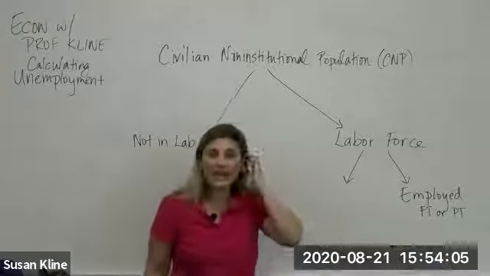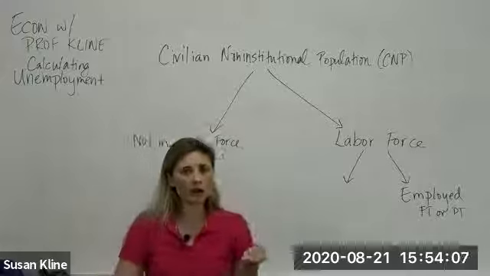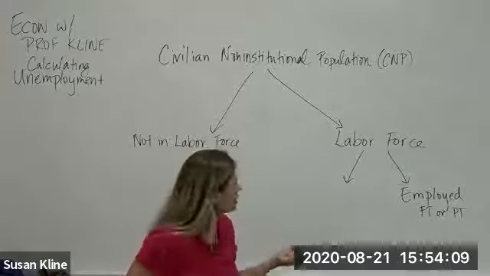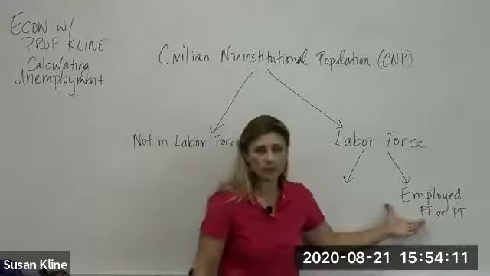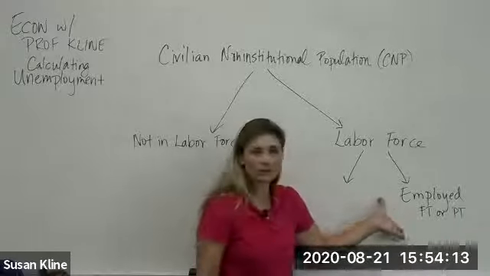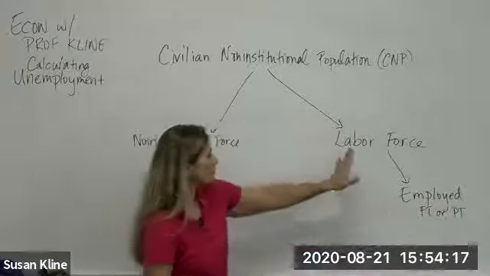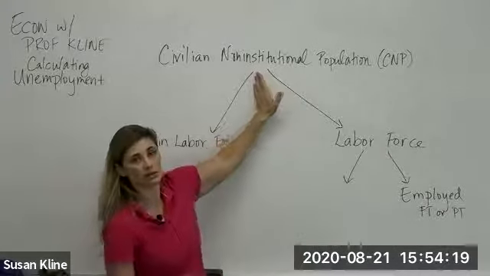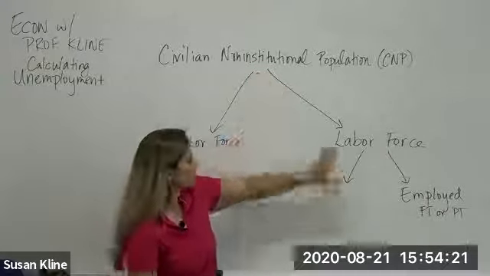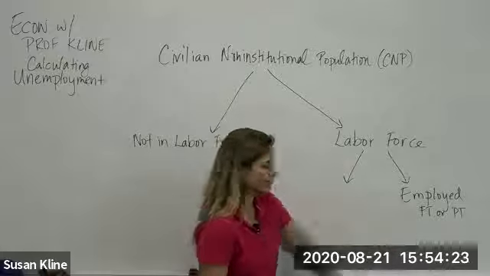And so in that, they call people up and they ask them, did you work for pay in the last week? And so if you answer yes, then you're easy to classify. You are employed, which also means you are part of the labor force and part of the civilian non-institutional population. For the most part, you're done.